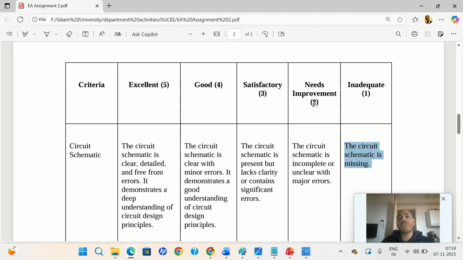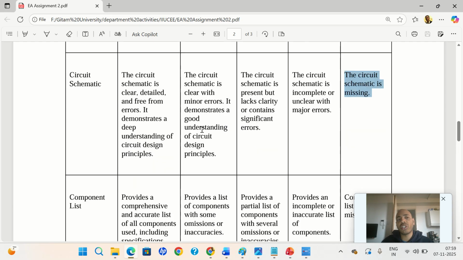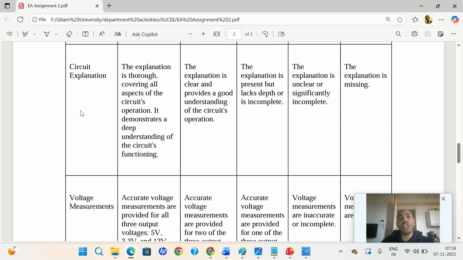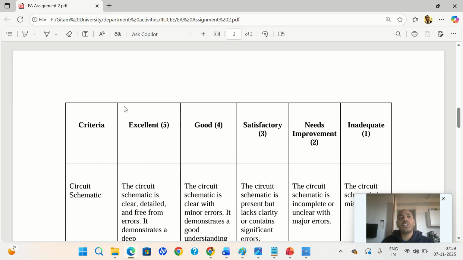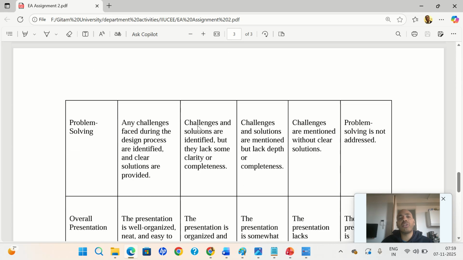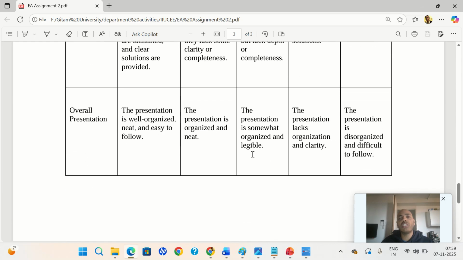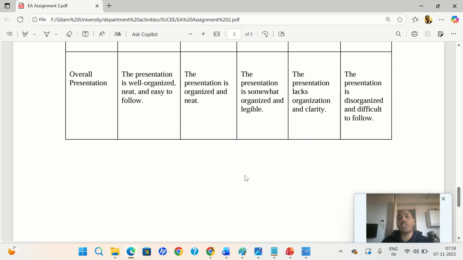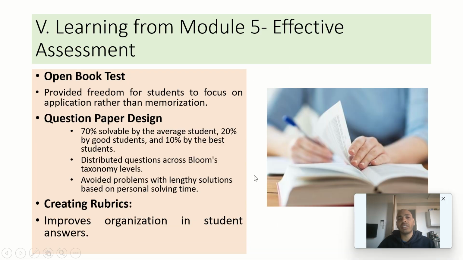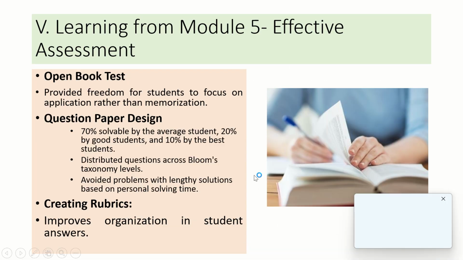Similarly, this is the second component, the component list, and if they provide this, they will get full marks, and accordingly they will get 1 mark. This is the rubric which you have to create for your assignment and give to your students. It will help them understand what the expectation is. These are for your assignments, not for your exams, right? Rubrics are all about your assignments.